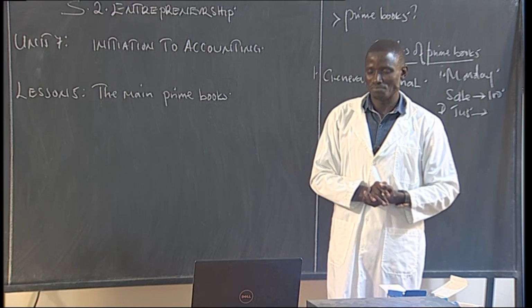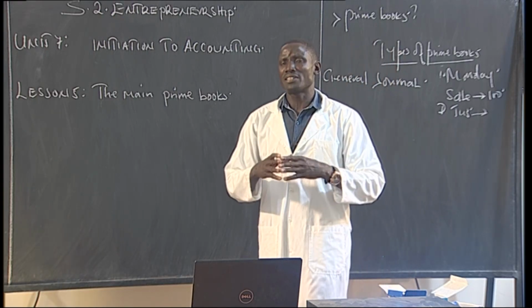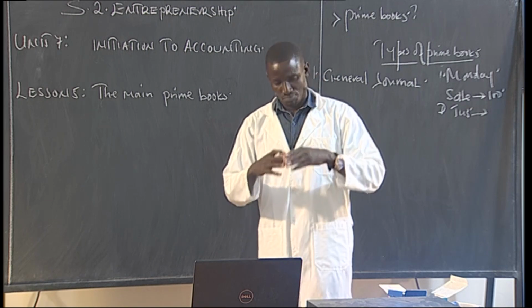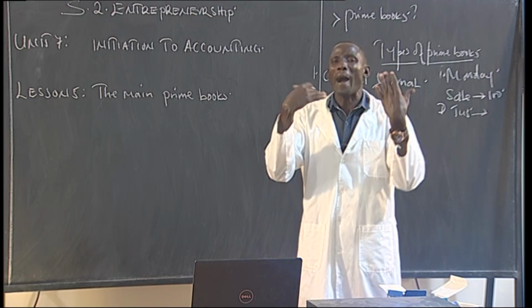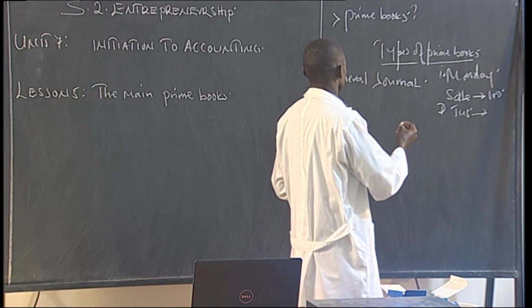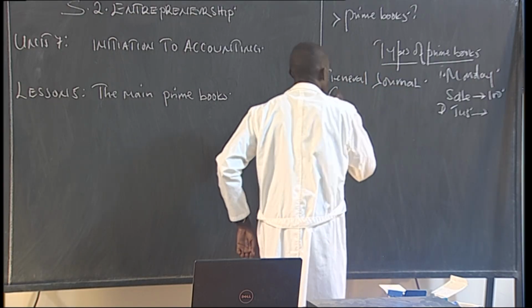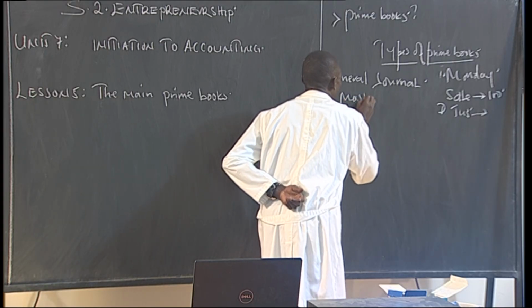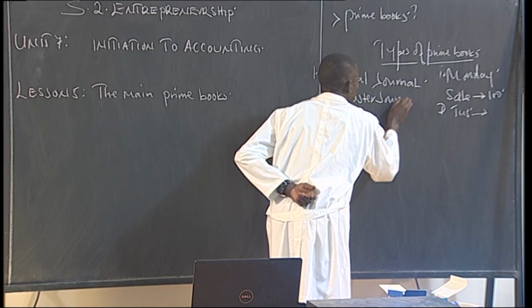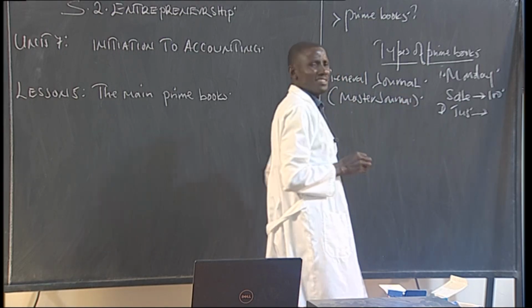Are we together? So now we are going to say that the general journal is also called a master journal. Another name for this general journal is a master journal. Isn't it?